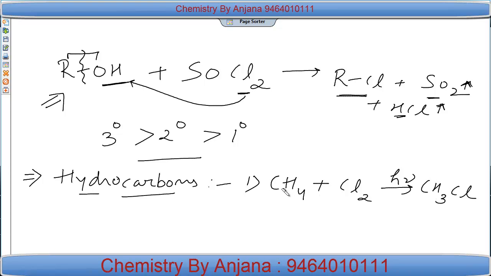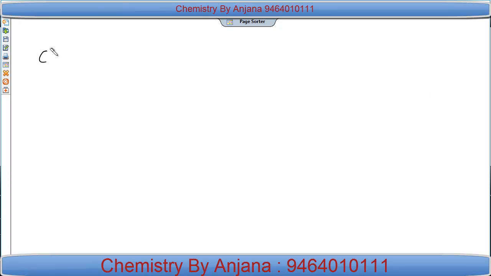What happens here is one hydrogen from a hydrocarbon like methane is replaced by a halogen. Let's see its various products with some other example under the same category. So to see that in detail, I am taking another example, CH3, it is ethane.